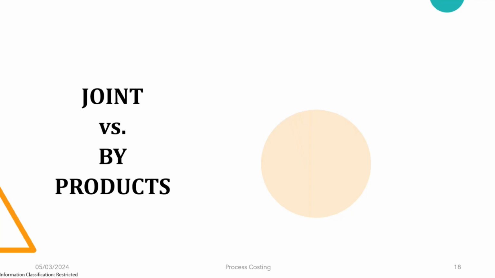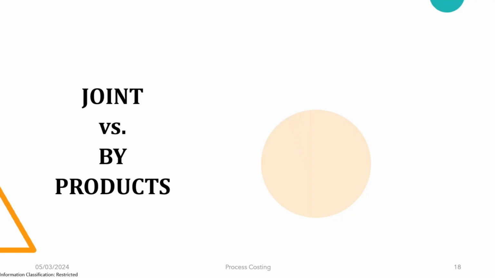So joint products are two or more products of equal or significant value produced from the same raw materials or production process. They're not necessarily identifiable as separate products until a certain point in the production process is reached, which is known as the split off point.